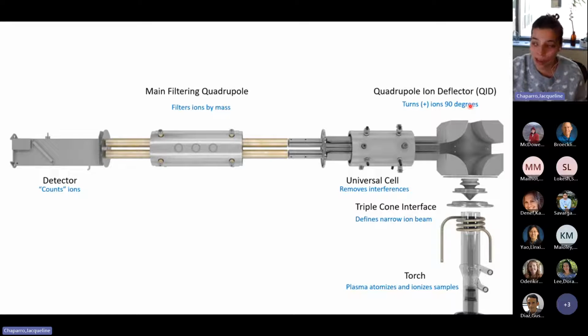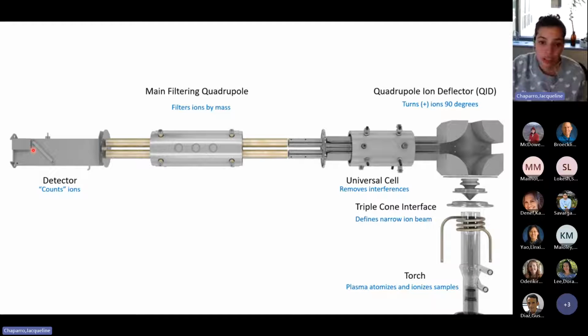This helps with background and sensitivity. We also have a universal cell, which can be used to remove interferences. The mass filtering quadrupole can filter ions by mass, and then the detector essentially counts how many ions are being detected.